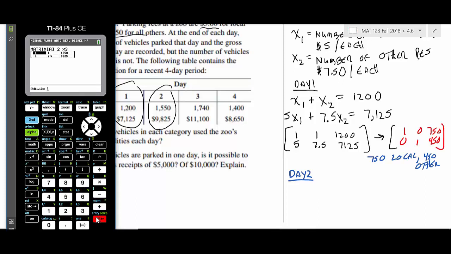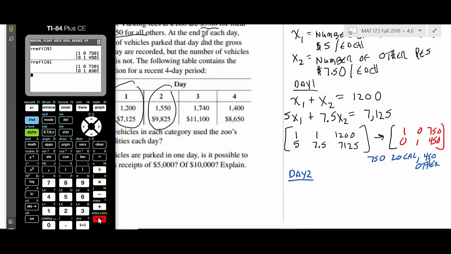So the benefit of doing this is you can type over everything real quick. Then we're going to put that in reduced row echelon form. So I go back to clear screen, reduced row echelon form, and then we'll see what we get for this. Back to matrix A.